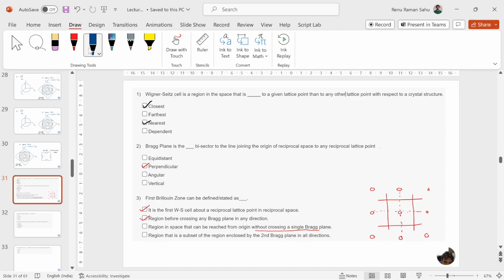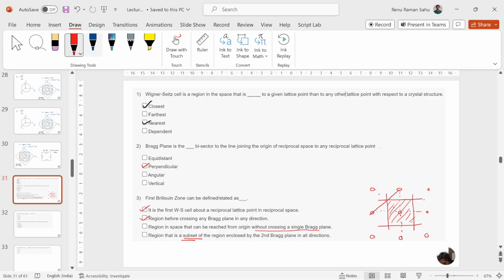So third is also correct. Fourth is not correct because in the first Brillouin zone we cannot cross the second Bragg plane, right? Yeah, that is true. But what is it saying? Subset of the region enclosed by the second Bragg plane in all directions. Where will the second Bragg plane be? Second Bragg plane will be here.